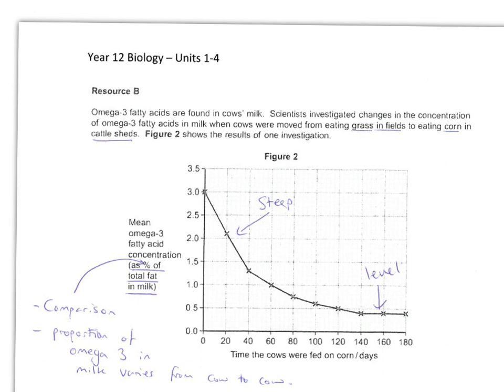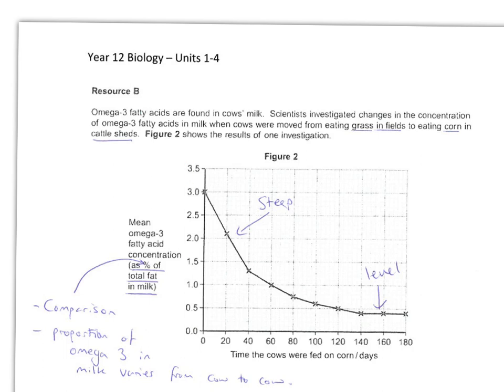So fields are outside with higher light intensity, more space. In cattle sheds there's less space, artificial light, and all these things, hopefully you're aware of, can affect an organism, how it grows, how it behaves. If you're going to describe this data, you can't just say that as time increases, the mean omega-3 drops.